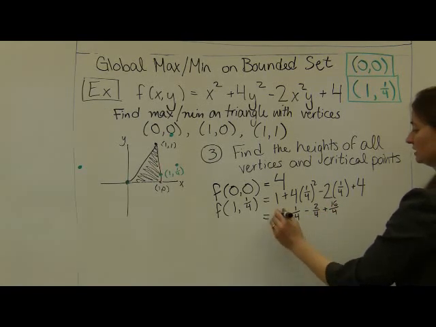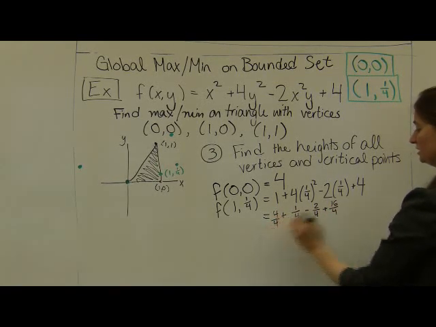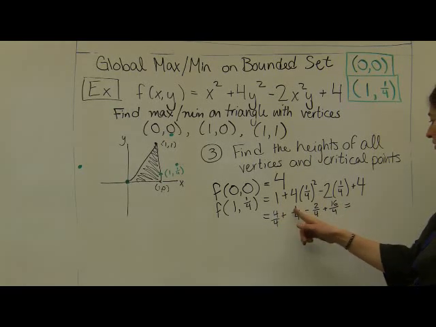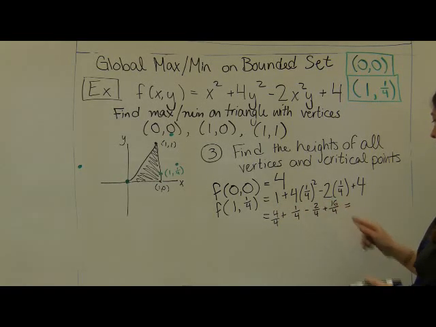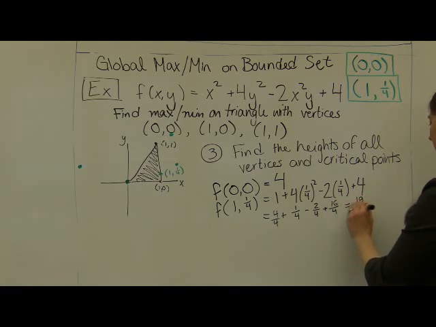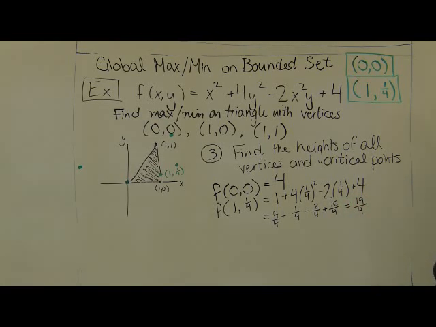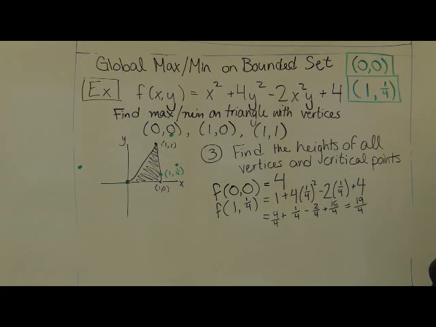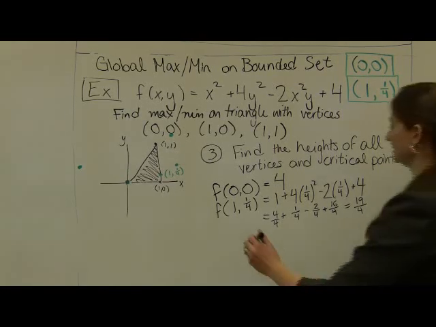And I can convert this into 4/4. So how many fourths do I have? I have 5/4. I get 19/4. Right? Maybe. Minus 2/4. Yes, I feel okay about that.